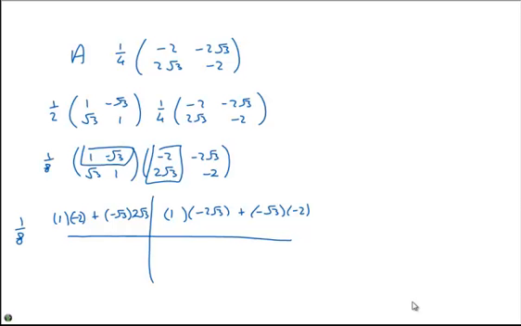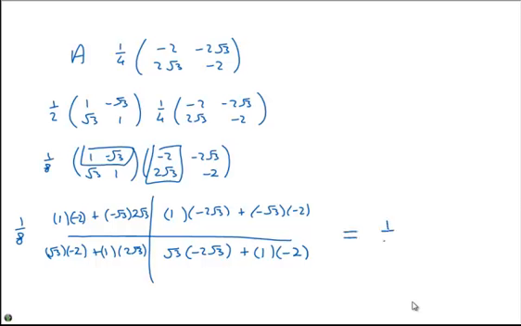On to the next row, first column: it'll be root 3 by minus 2 plus 1 multiplied by 2 root 3. And then finally, root 3 multiplied by minus 2 root 3 plus 1 multiplied by minus 2.